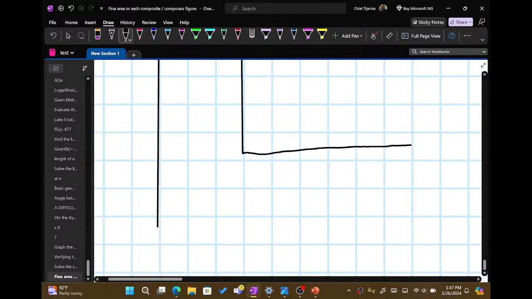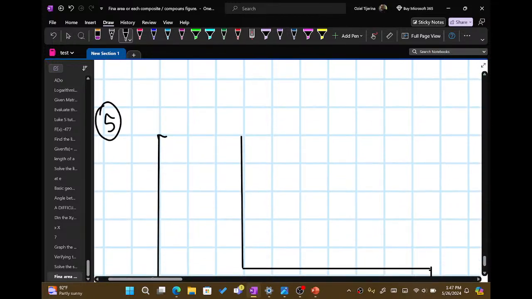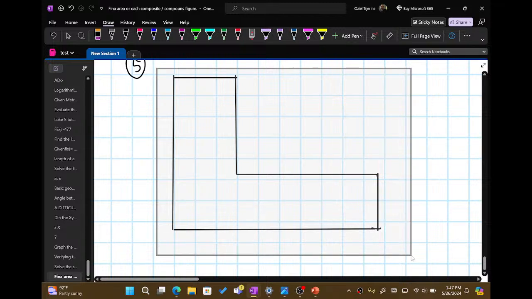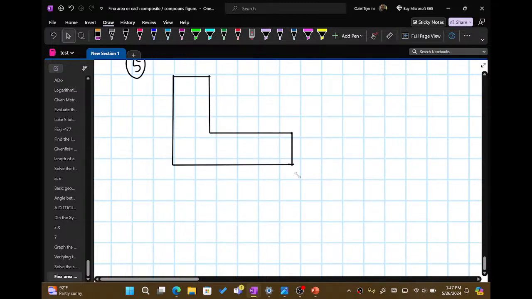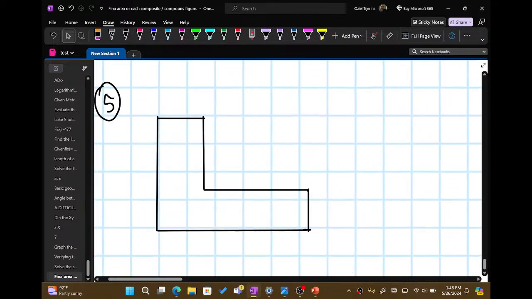It's a little hard to draw it out, so it's not gonna be drawn to scale, obviously. Something like this, right? And then we have this part here. I know it's kind of big. Let me see if I can shorten it a little bit. Okay, I think that looks fine.